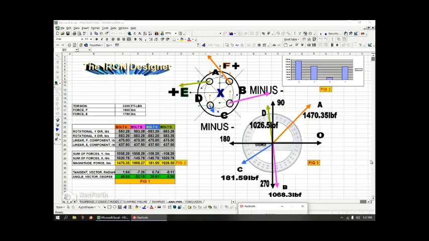So what I've done here is I'm just using Microsoft Excel. You can tell it's an old version of Excel. But the important thing is that I'm creating my own analysis.